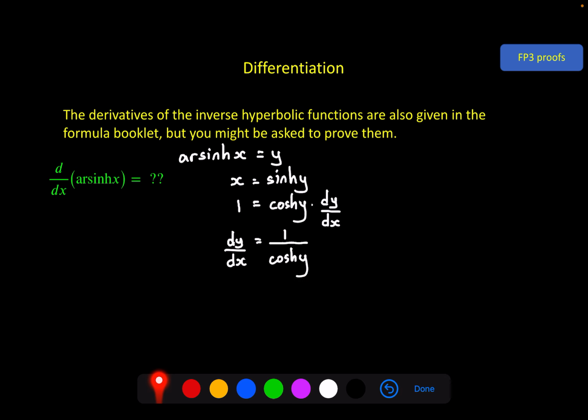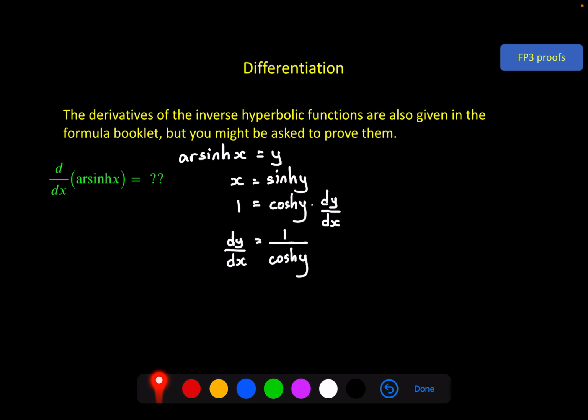Now from here, we don't want y to stay here, obviously. We want it in terms of x. So from here we need to relate this result back to what we had equal to x. So I need to get cosh y in terms of sinh y. And that's true for the 3. You'll have to get whatever you find the result is and relate it back to what x equals.